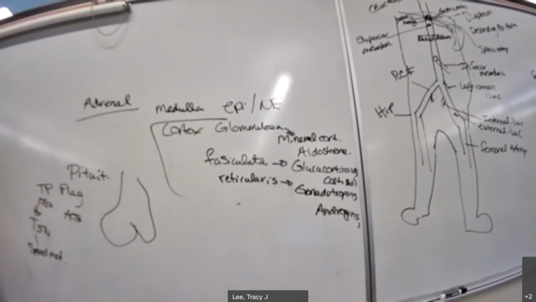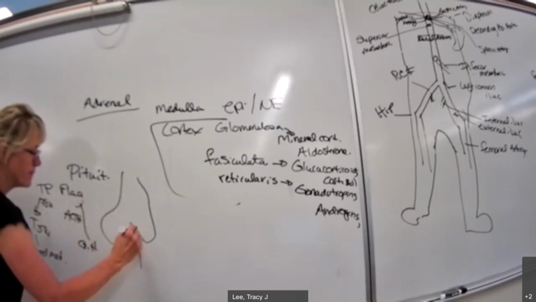What's the G? I'll do the M next, but what's the G? Growth hormone, what's it say? Yeah, grow, right? Grow muscles, grow bones. This is our major, when we're going through puberty, our major puberty hormone.